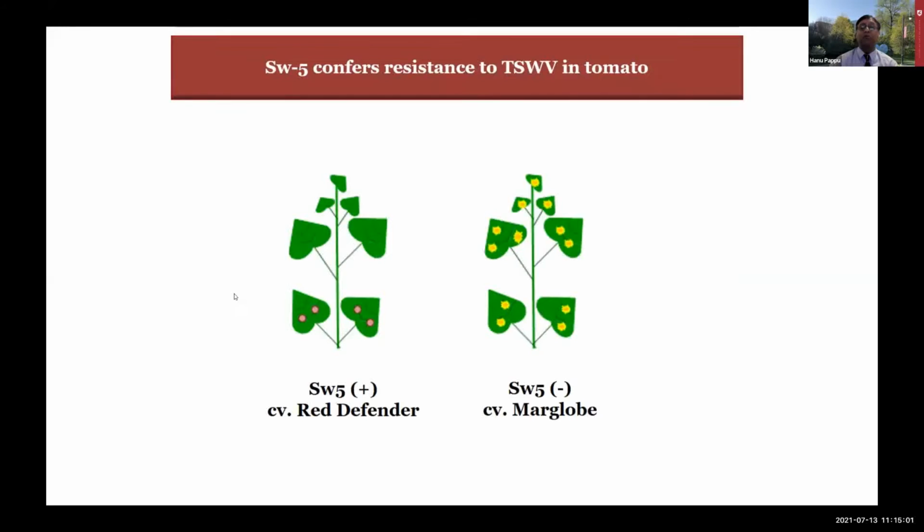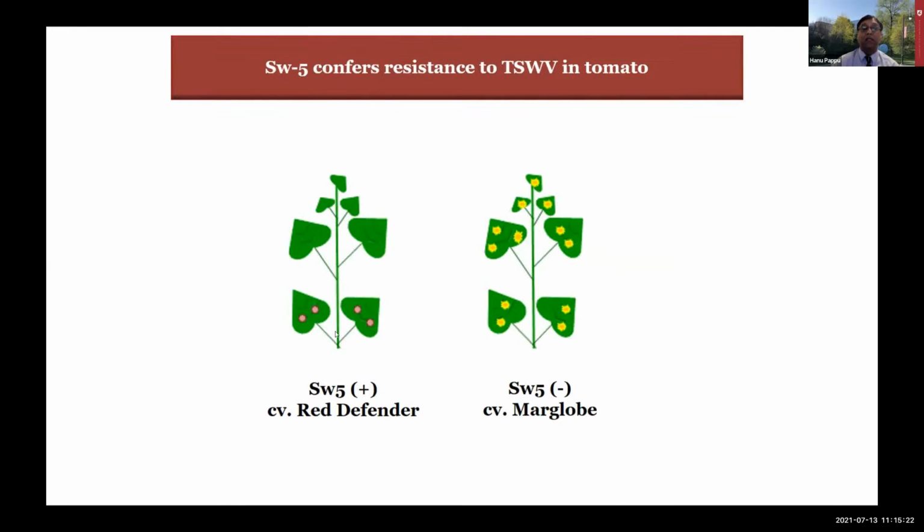So we chose two varieties, one with the resistance gene and one without, and looked at the host response to virus infection, and also the effect of the host response on virus small RNAs and their biogenesis in a resistant and a susceptible variety.